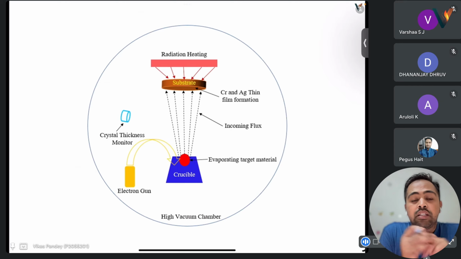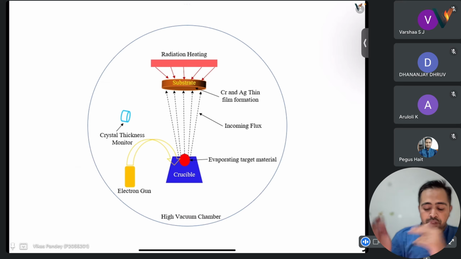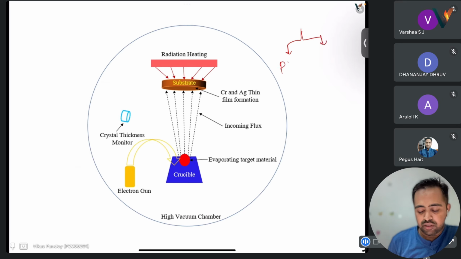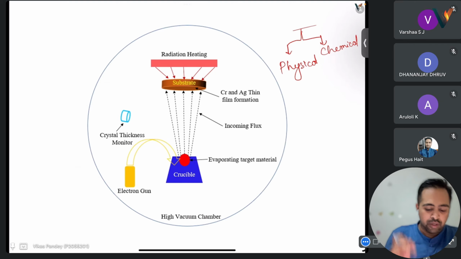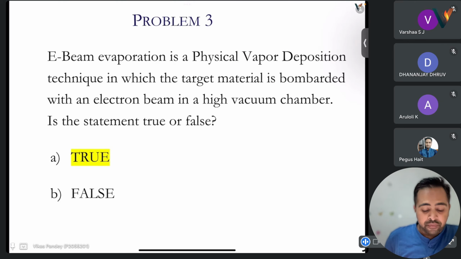That is why it is physical vapor deposition. Remember that deposition techniques are divided into two parts: physical and chemical vapor deposition. Under physical there are e-beam, thermal, sputtering, and a lot of others, and chemical includes CVD and others. So this is true.